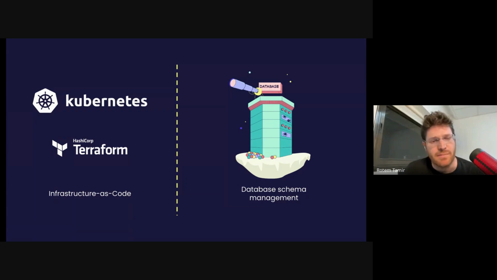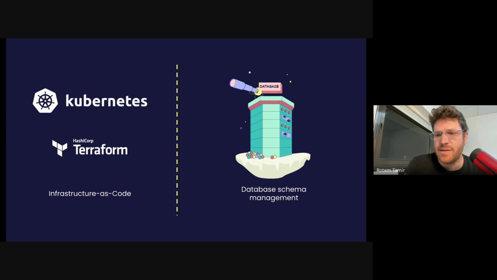Tools like Kubernetes and Terraform brought us what we call infrastructure as code, which means that as engineers, we can define the desired state of the system and use a tool to configure it for us. This, of course, has lots of advantages, and it's gained a lot of ground in the industry.